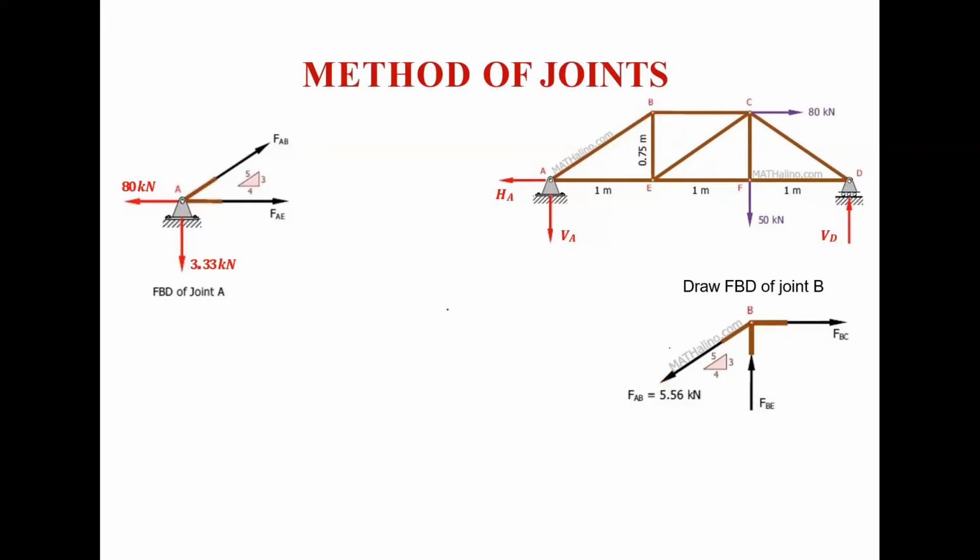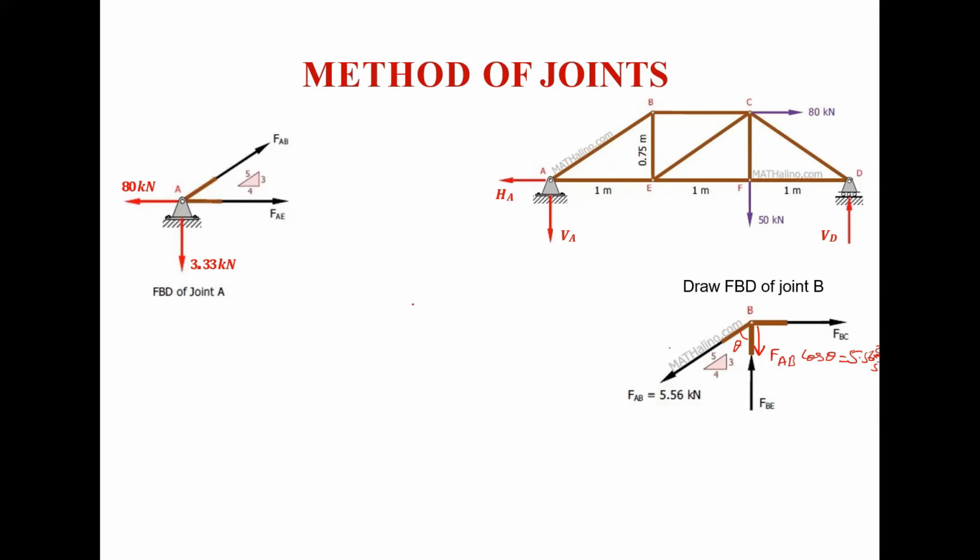So what will you get? If you take the vertical component of this FAB, suppose this is your theta, so FAB cos theta will be equal to 5.56 into 3/5.